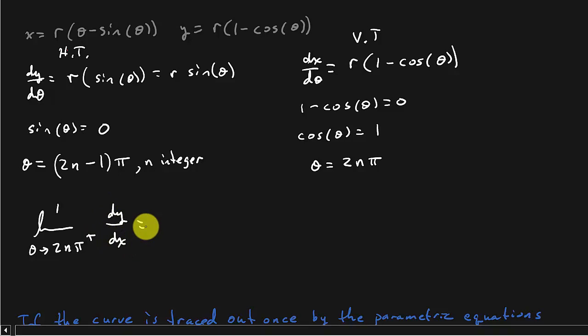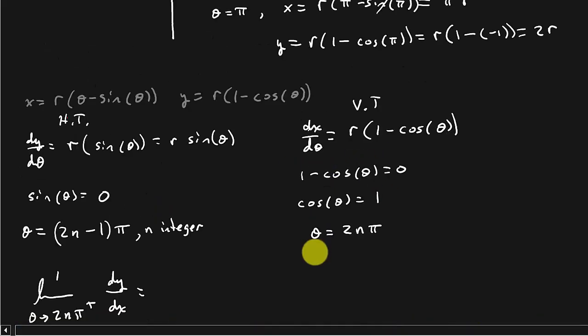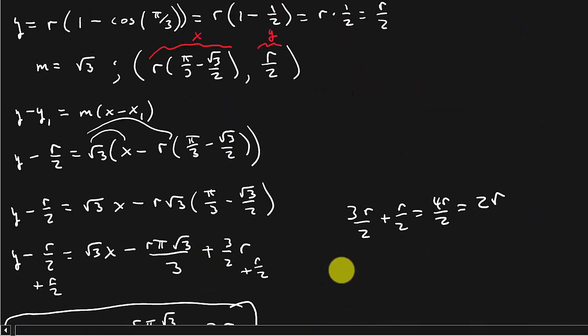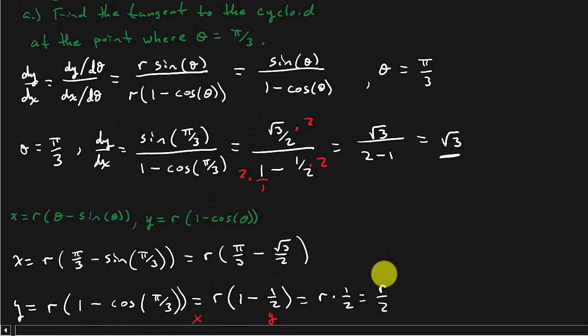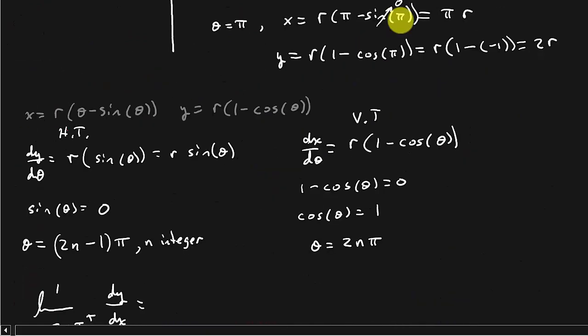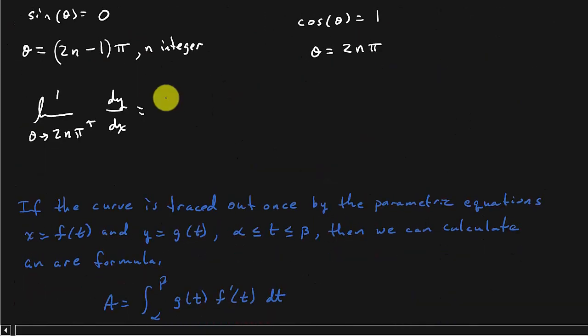Now, do you remember what dy dx is? See, we're verifying that this is a vertical tangent, just like we did in the first problem where you got to do that limit. And so remember what dy dx is. Dy dx is this, sine theta over 1 minus cosine theta. All right, so let's see what we get here.